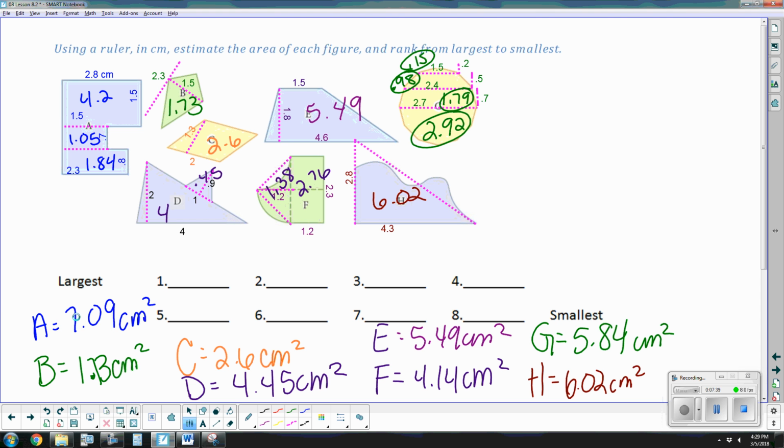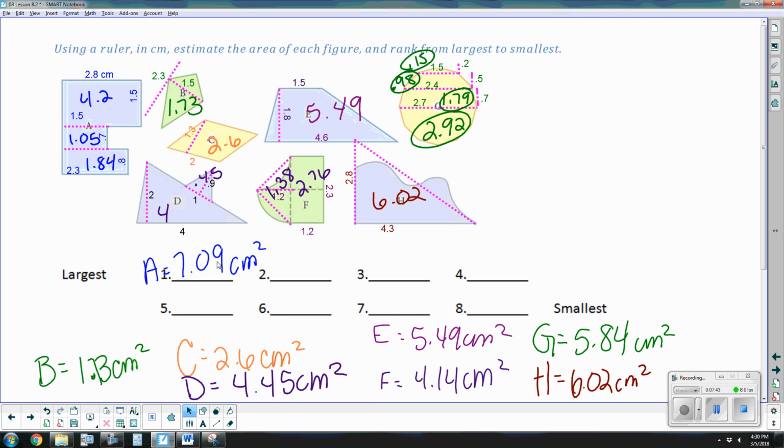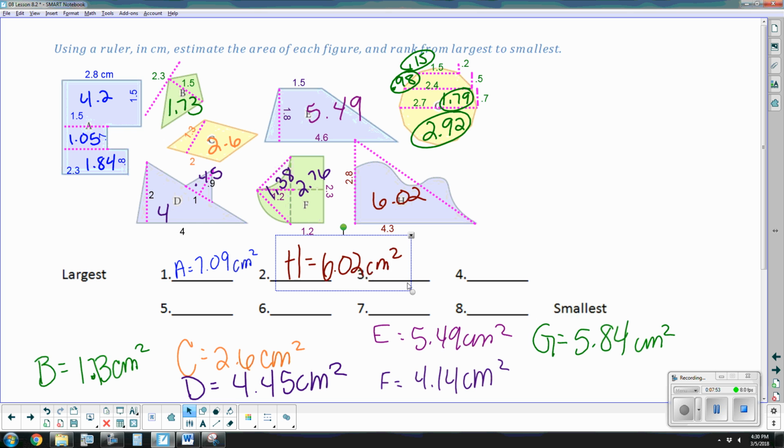So here's my largest polygon, A. My largest polygon is A with approximately 7.09 centimeters. Then my second largest is H. Third largest is G.